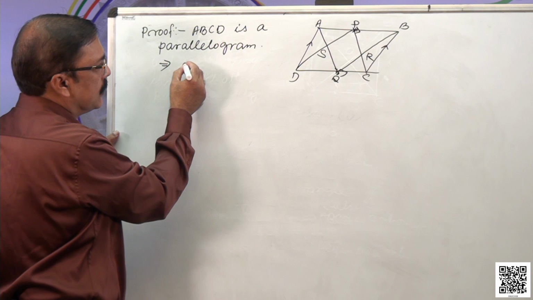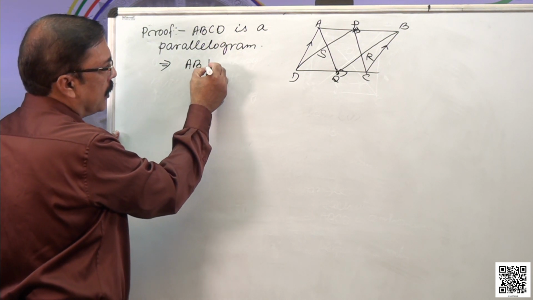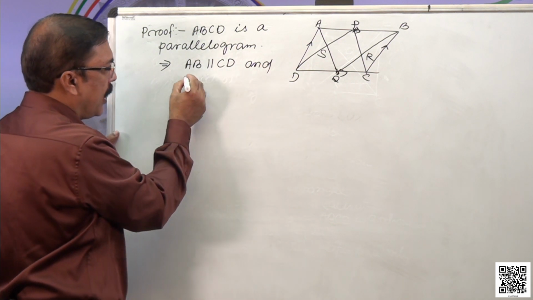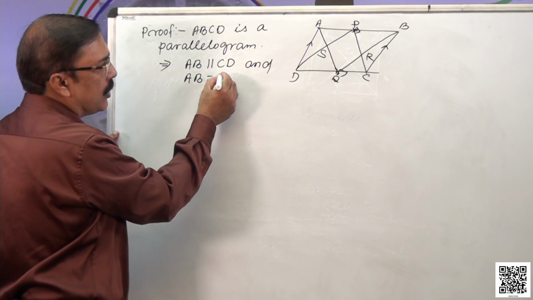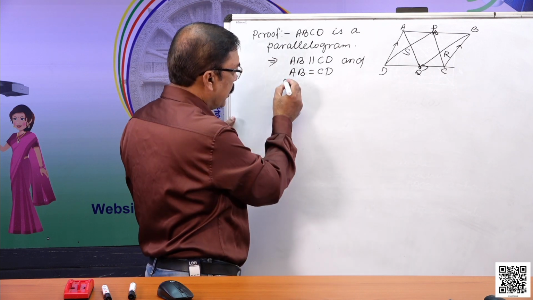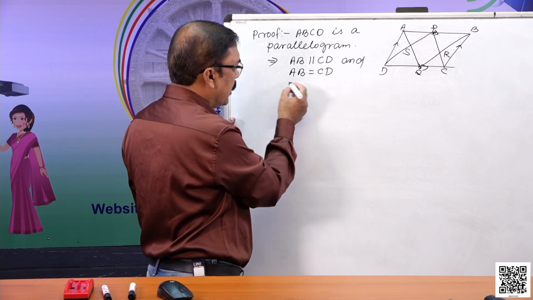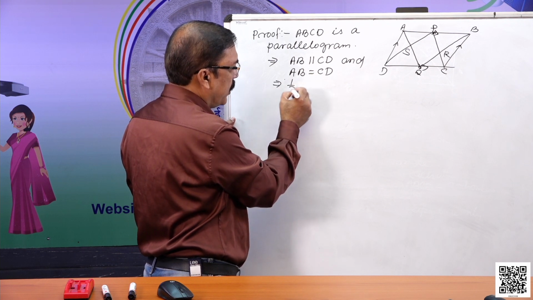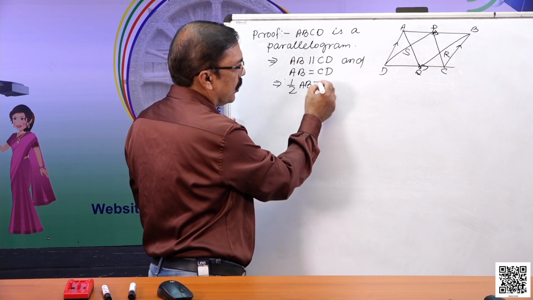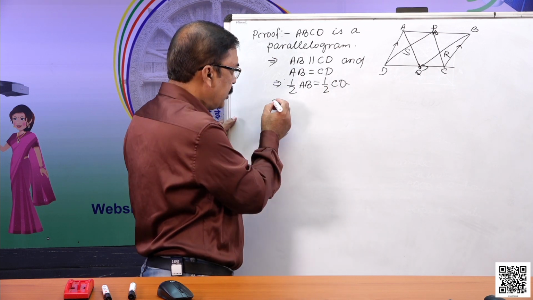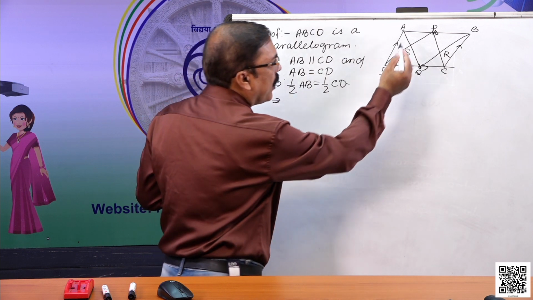This implies AB is parallel to CD and AB is equal to CD. Now you see, if AB is equal to CD, then half of AB is equal to half of CD. What is half of AB?